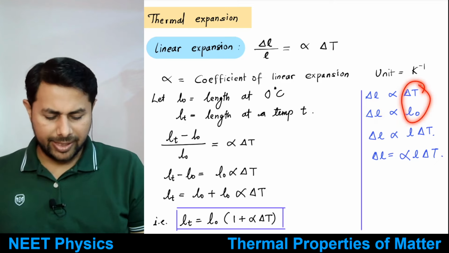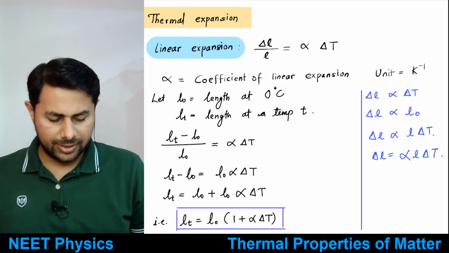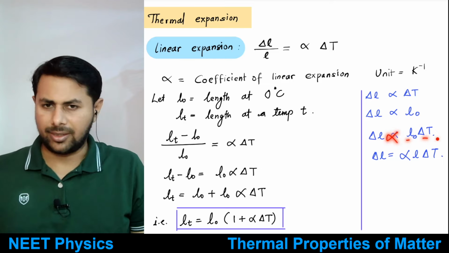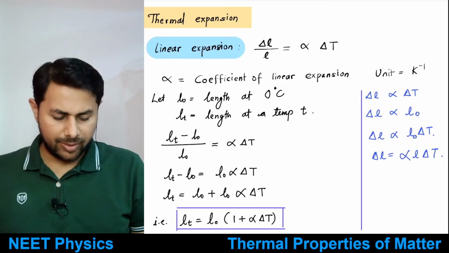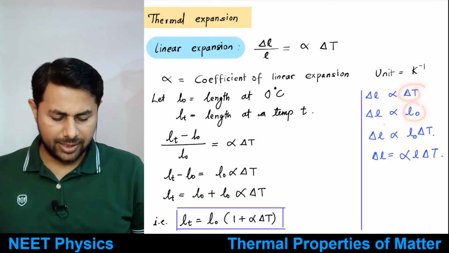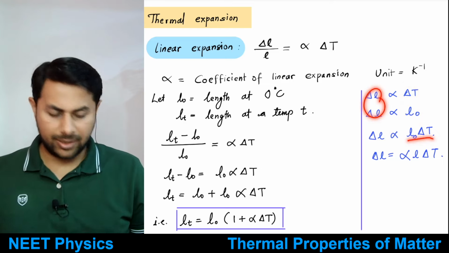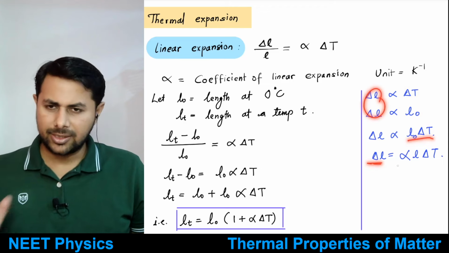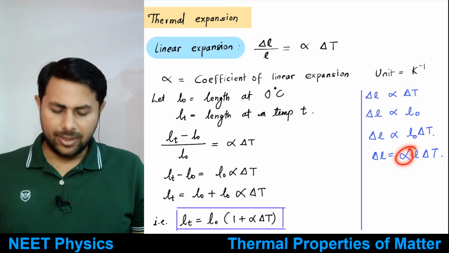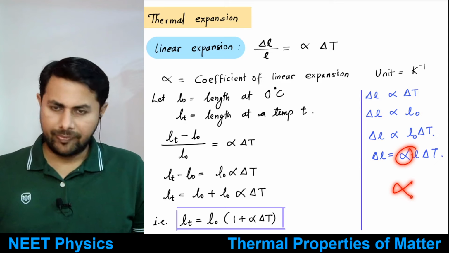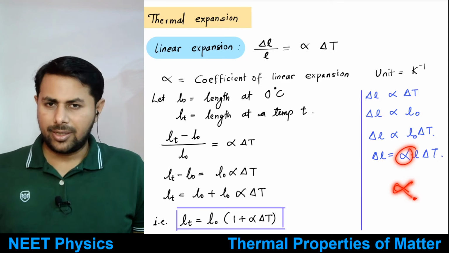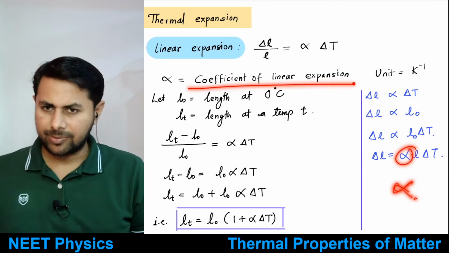You can combine these two, and what you get is that the change in length is proportional to L naught delta T, and that is the change in length equals some constant which we denote as alpha. Alpha is the coefficient of linear expansion.